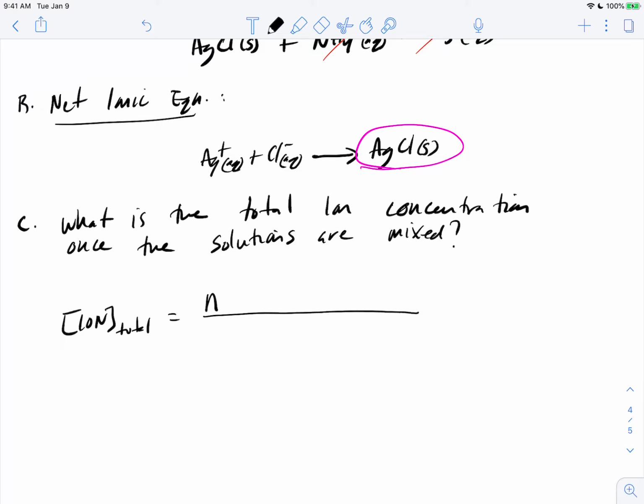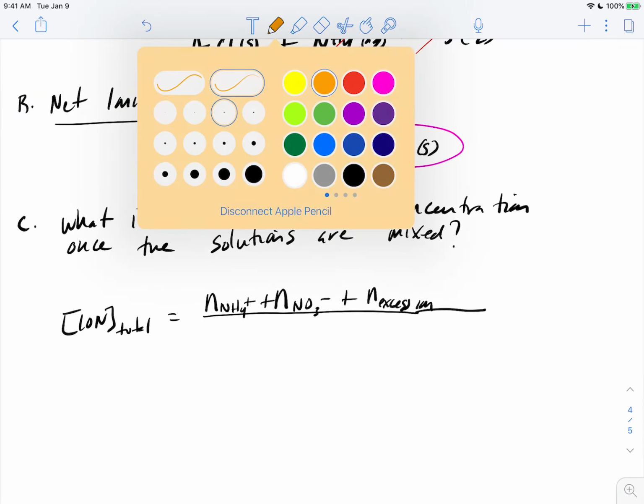So that's n for moles, NH4 plus, moles of NO3 minus, plus the excess amount of silver or chloride. We can't have both. I don't know what they are, so I'm going to put moles of excess ion.